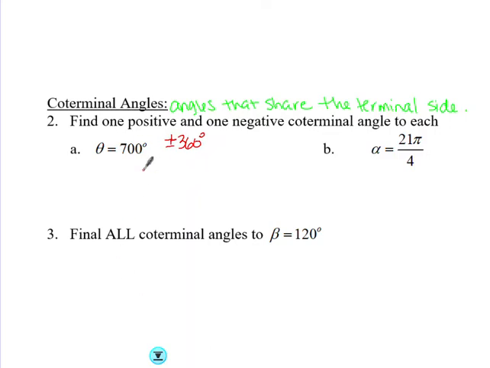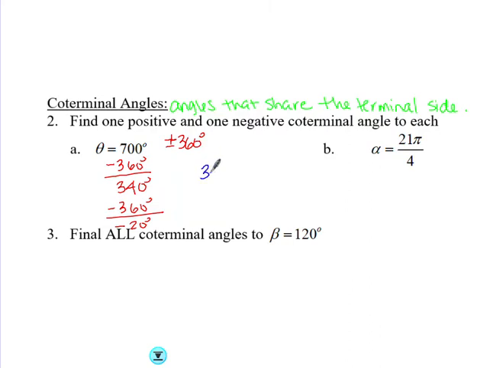Since we have 700 degrees, if I subtract 360 degrees, I get 340. If I subtract 360 again, I get negative 20 degrees. So I'm looking for two angles, one positive and one negative, that have the same terminal side as theta equals 700 degrees.